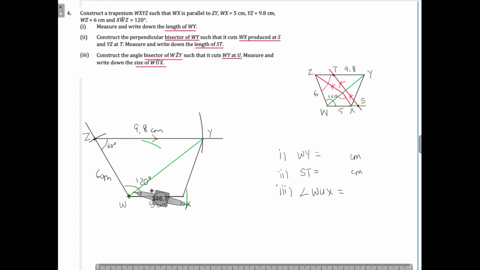Bring it over to Y and mark the arc over the first arc. Similarly, okay, now we have our bisector.